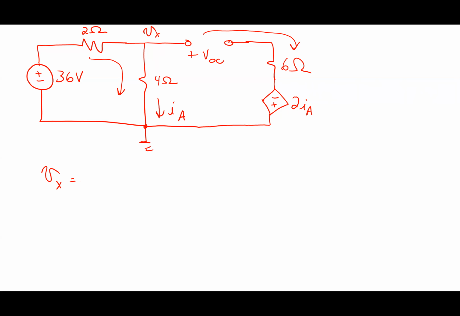So what is that? 36 volts divided by what gives me the current? Divided by 6 gives me the current. Multiply that by what to get the voltage? 4. Right, so what is that equal to? That's 24, right?